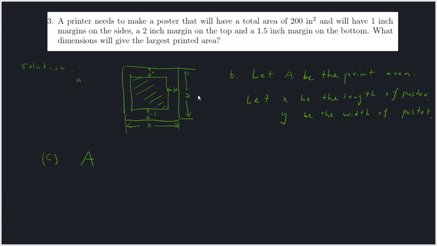So x minus 2 is the length of the print area. And the width of the print area is y minus the bottom margin 1.5 and then minus the top margin of 2, so it's y minus 3.5, where 3.5 is the total of the bottom margin and the top margin.